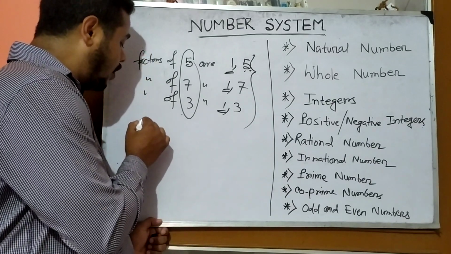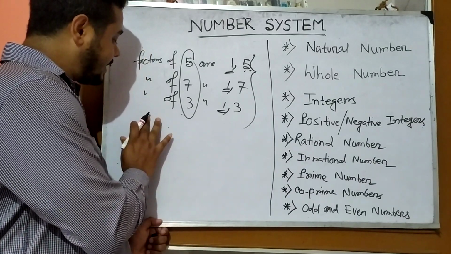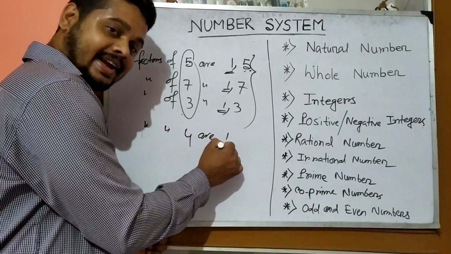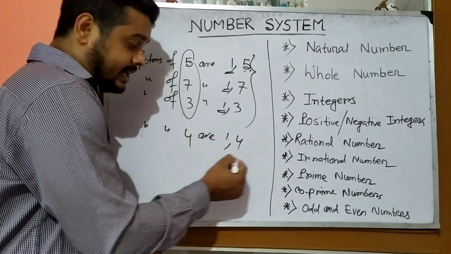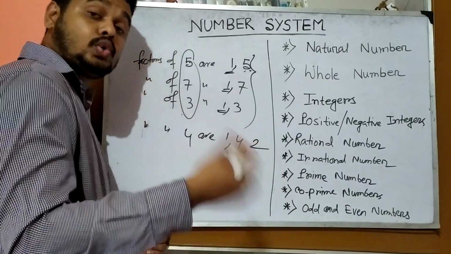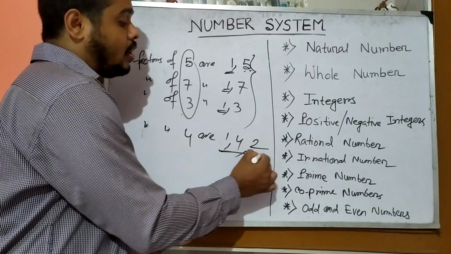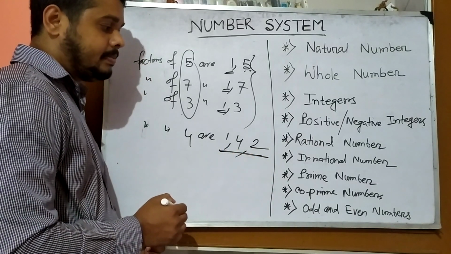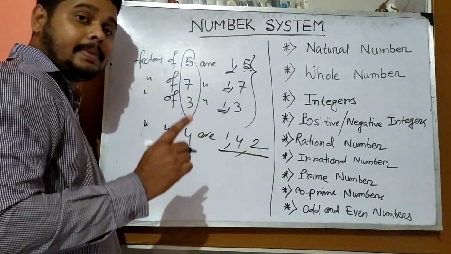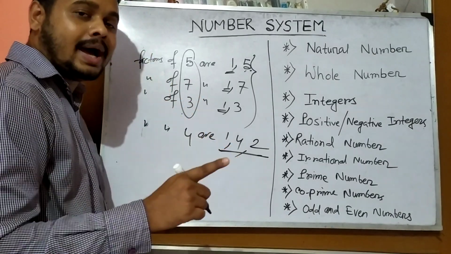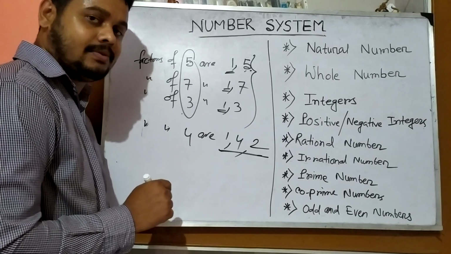But in case of 4, what are the factors of 4? 1 is a factor, 4 itself is a factor, and besides that 2 is also a factor, because 4 is divisible by 2. So it is not a prime number. Prime numbers are numbers only divisible by 1 and the number itself.